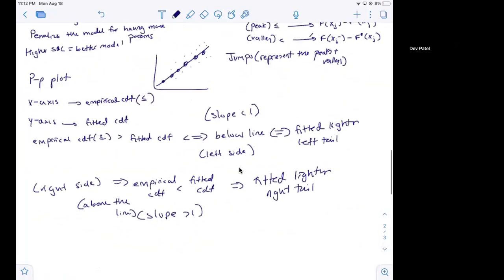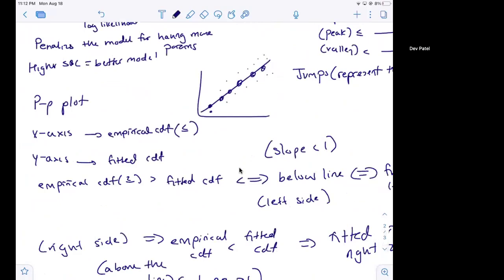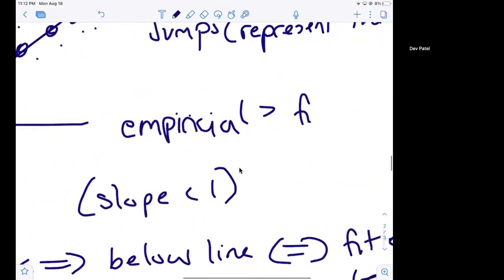Well, if it is below the line, and if it is on the left side, so what does that mean? Below the line, on the left side, this means that our empirical is greater than our fitted CDF.